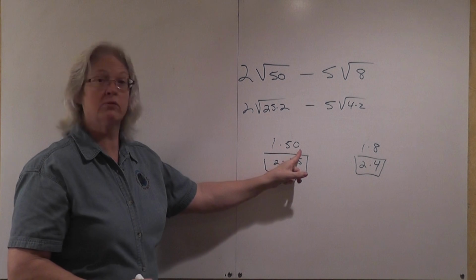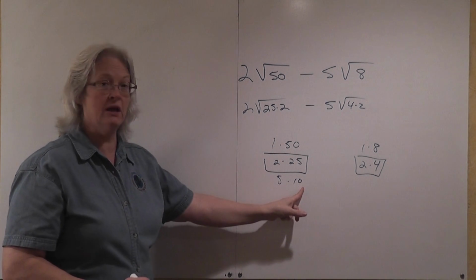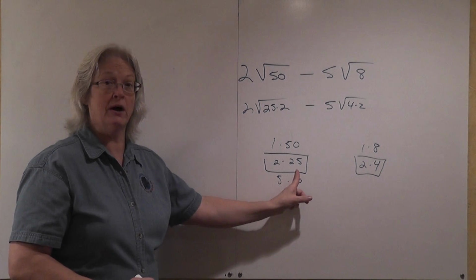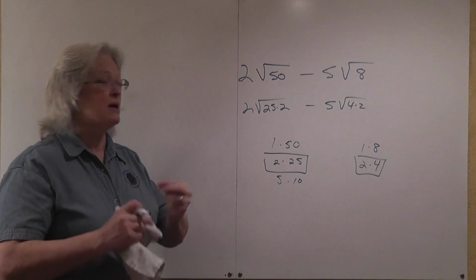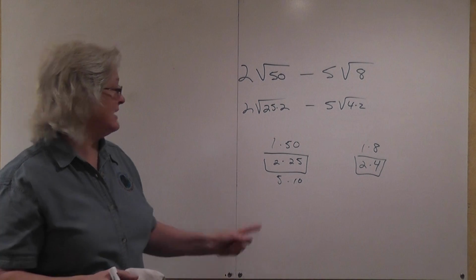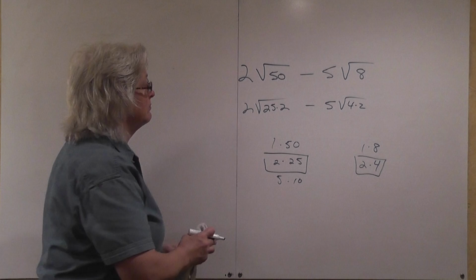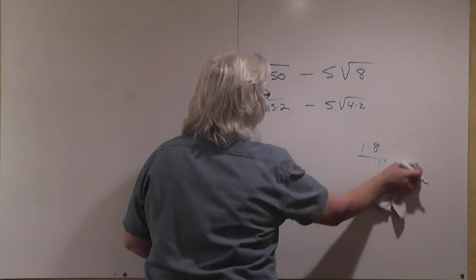You can't take the square root of 50, can't take the square root of 10, can't take the square root of 5, but you can find the square root of 25, and that square root is 5. Same thing over here when we're looking for the square root of 8.